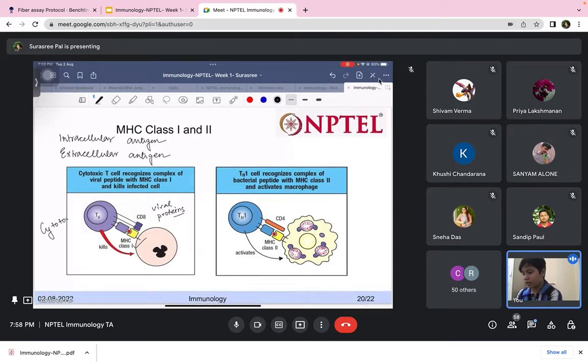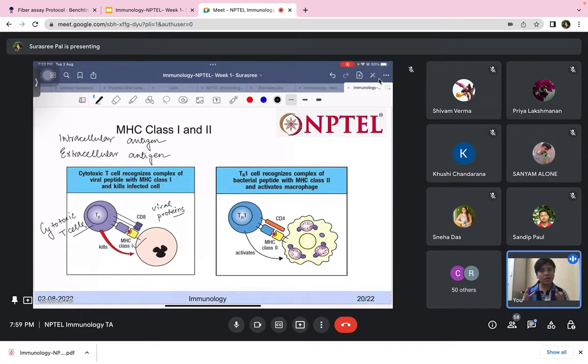I told you previously also that the effector T cells can be cytotoxic T cells or helper T cells. So they are different. We will in later classes discuss how they are different, how their functions are different. But just to brief you here, cytotoxic T cells are the cells which can kill the pathogen infected cells, right?